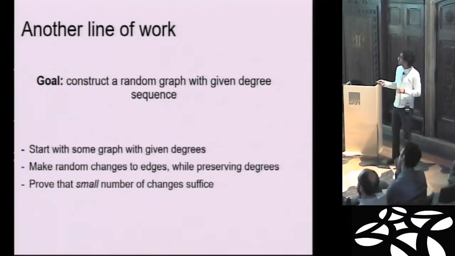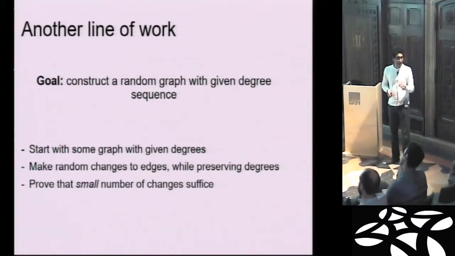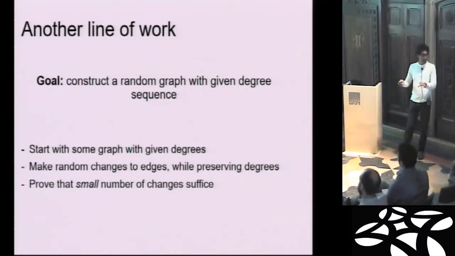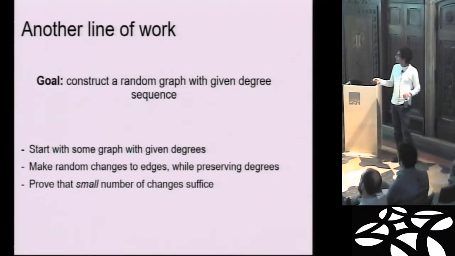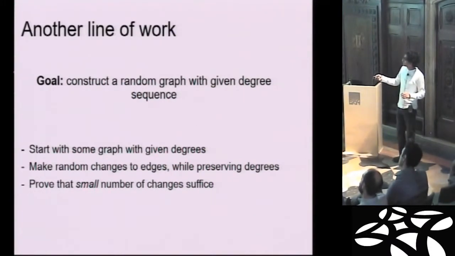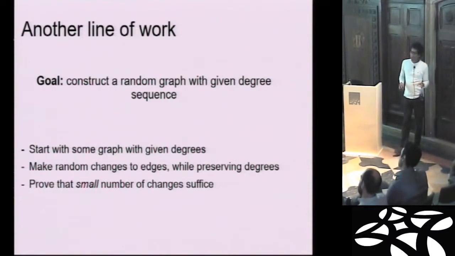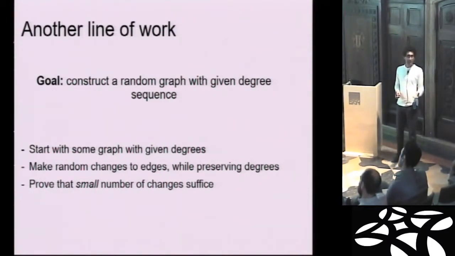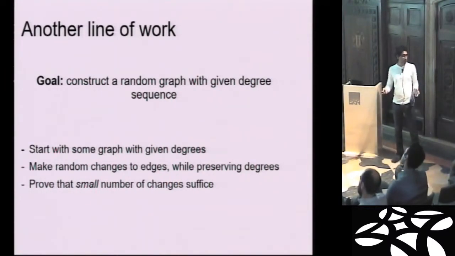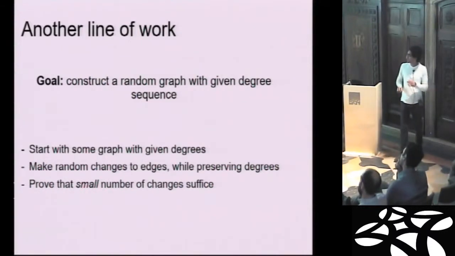Most of the known algorithms for this work as follows. You start with some graph that has this degree sequence, and you make some random changes to the edges while somehow preserving the degrees. You usually have to show that if you do a small number of such changes, you end up with a random graph. So you mix in the space of all graphs.